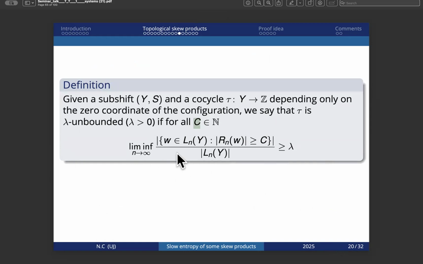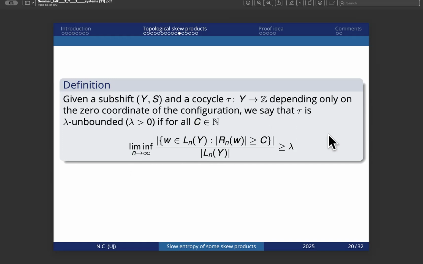We are looking at the proportion of words of length n in the language of the subshift such that the range is bigger than c. So we make n large, and we look at words of length n, and we want that many of these words have a range larger than c.